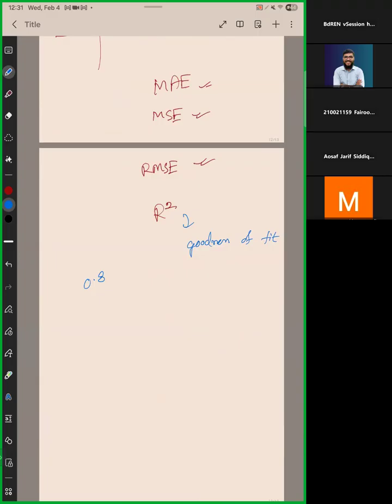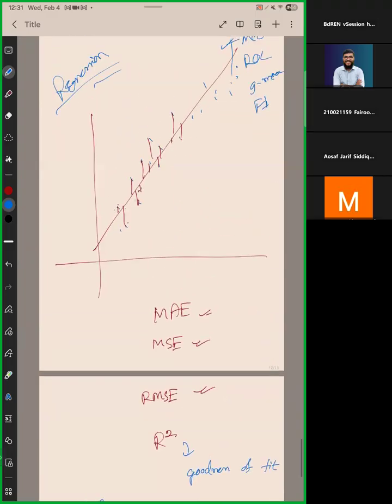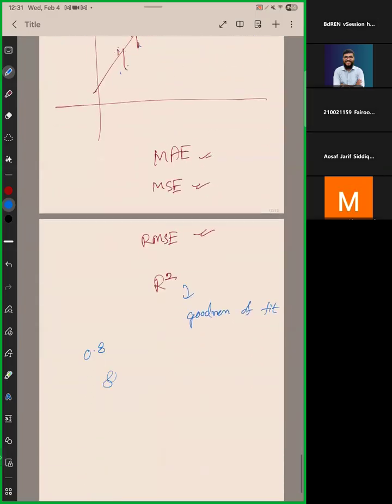That means this line is able to capture 80% of the variance in the data set, meaning how well the line is fitting your data. If it is higher, your regression line is fitting the data better. If it is poorer, let's say 0.2, your algorithm is not performing well. So the higher the R square value, the better the fit.